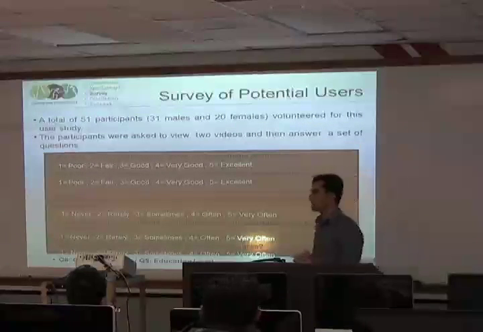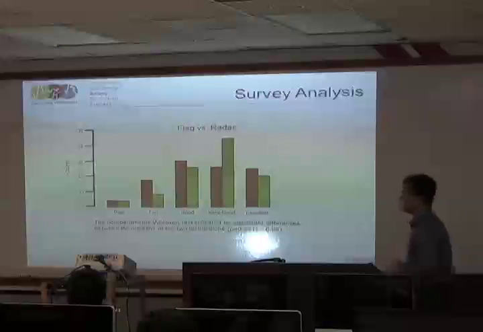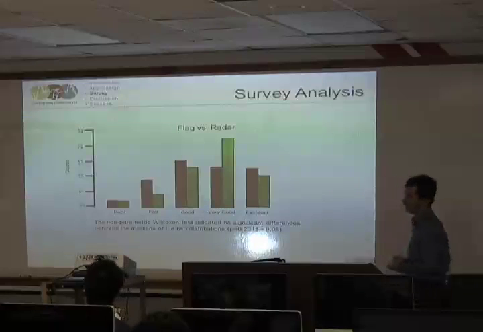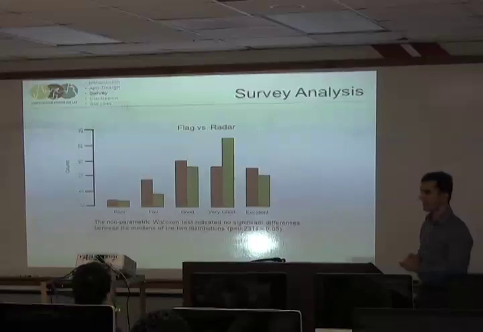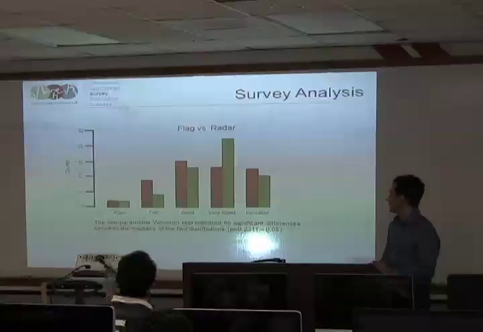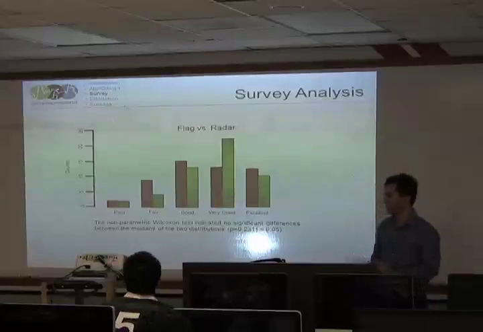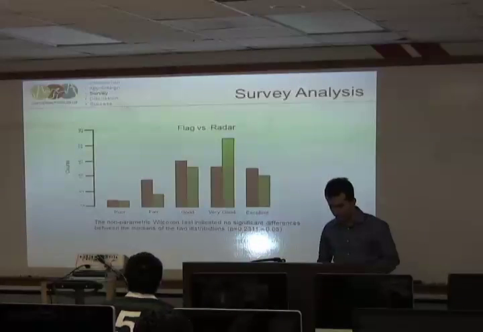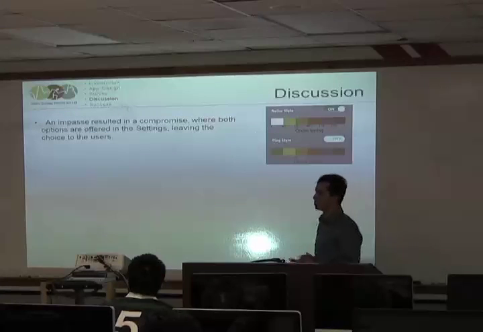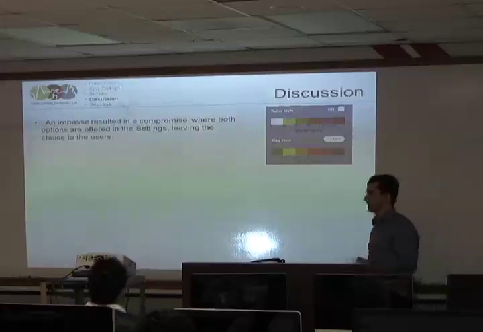The rest of the questions just support the first and second. We were also surprised that users split just like we did, like geoscientists versus computer scientists. That is how things work in human-computer interaction. To approach that problem, we gave both options, whatever the user likes, radar style or flag style.